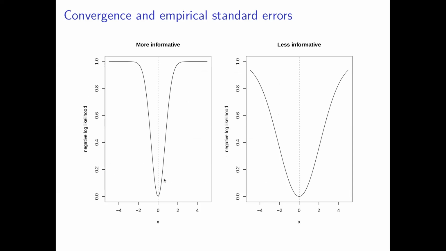So it's curving upward, so it has a high positive curvature there. And this one has smaller curvature. And you can sort of see intuitively how this kind of likelihood surface would give you more precise estimates. There's going to be less variance in your estimates here than there would be here. I hope that's intuitive.